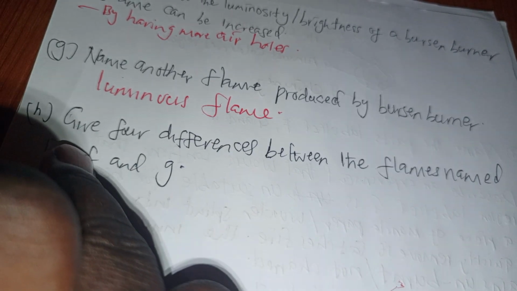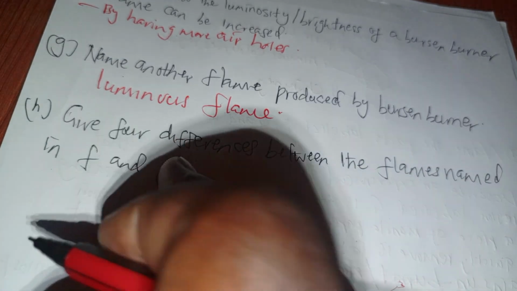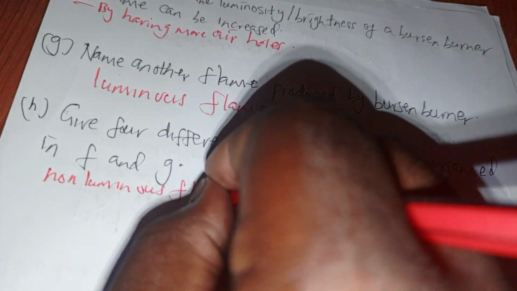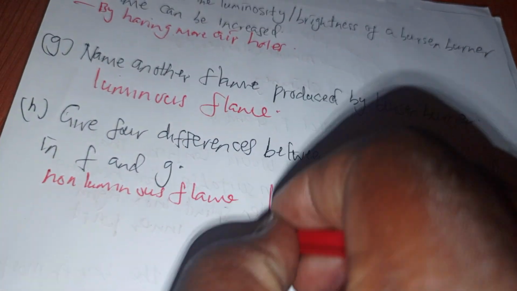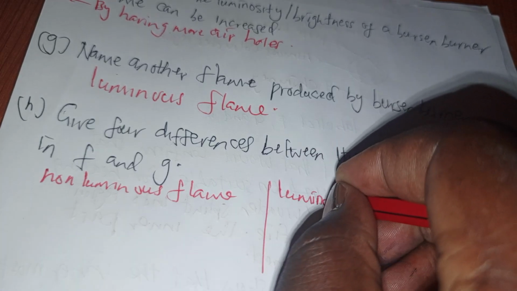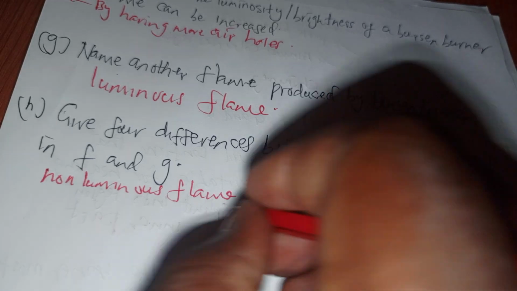Good. We go to question H. Give 4 differences between the flames named F and G. So which means we need to say non-luminous flame here, then here we say luminous flame. And do it like this.